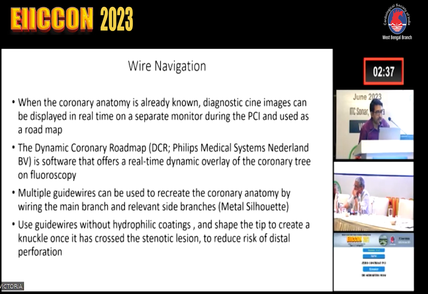Now, wire navigation. When the coronary anatomy is already known from the angiogram, from the diagnostic cine images, they should be displayed in real time on a separate side-by-side monitor during the PCI, and that can be used as a roadmap. The dynamic coronary roadmap is a software which is developed by Philips, and there are certain other softwares by other companies as well. If your cath lab is installed with that, that will help you to see a dynamic roadmap.